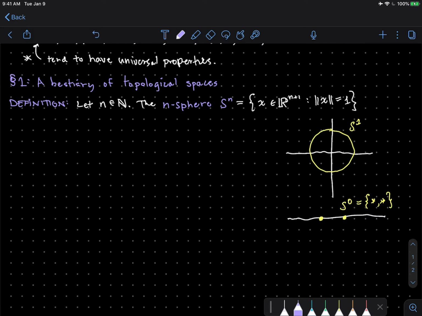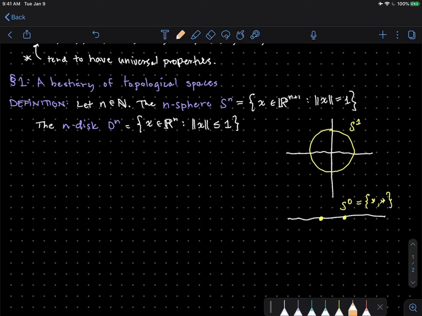All right, similar type of definition. The n-disk Dn is going to equal the set of all x in now Rn, such that the magnitude of x is less than or equal to 1.